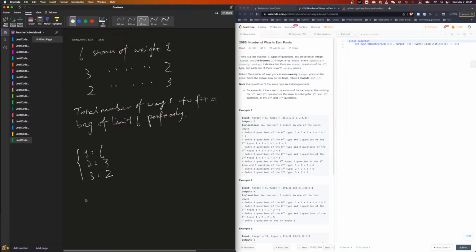I can take none of this, or one of this, or two of this. So I can say I'm at the index, so it'll be dp of index and the remaining.